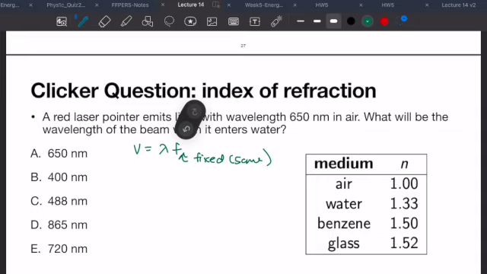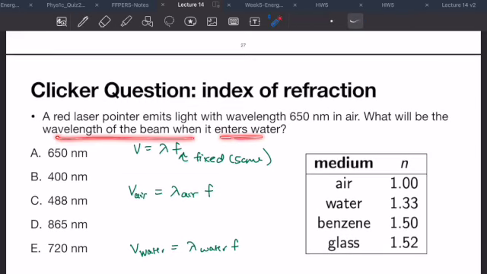Okay, so we have v air equals lambda in air times f, and then we have the speed of light in the other medium, in water, equal to lambda in water times f. And what we're trying to look for is the wavelength of the beam when it enters water.